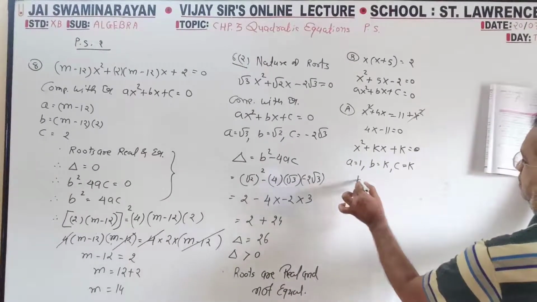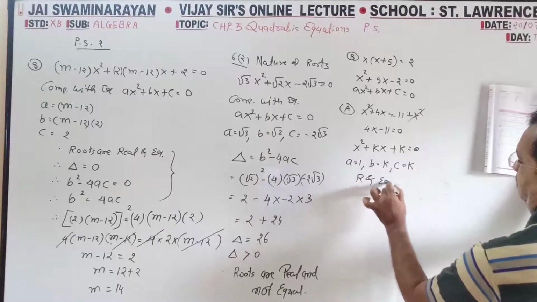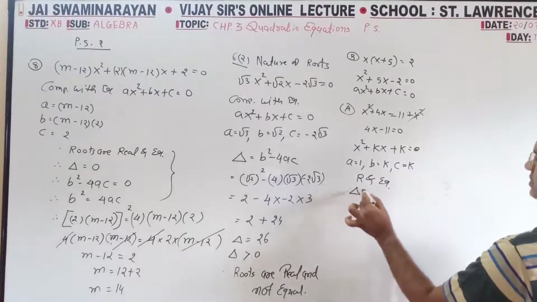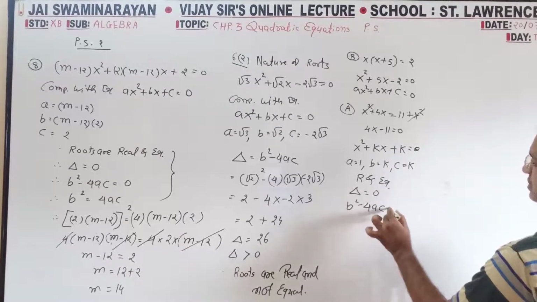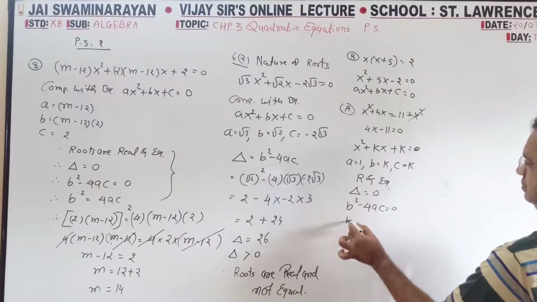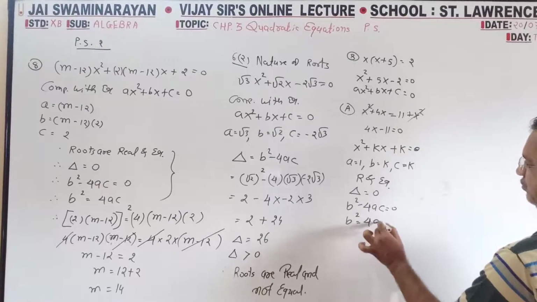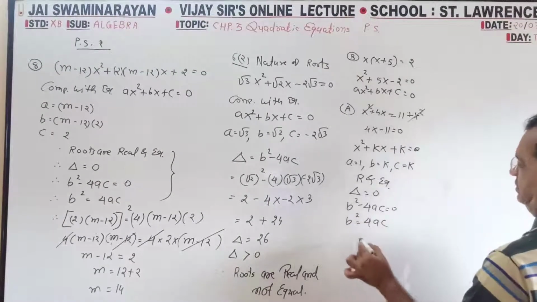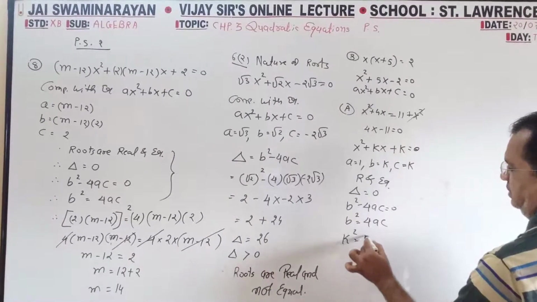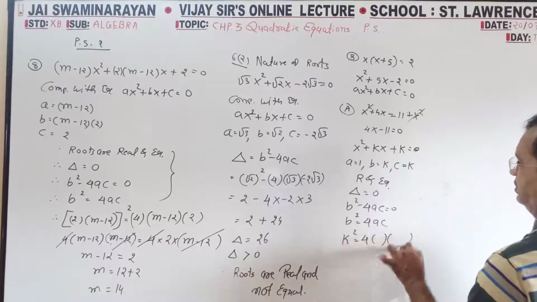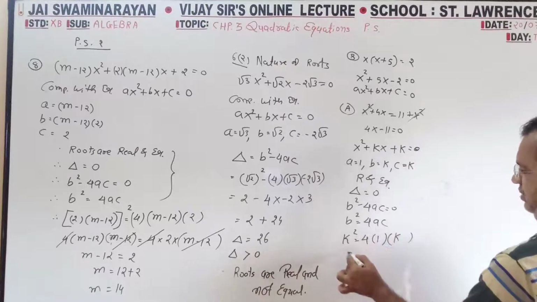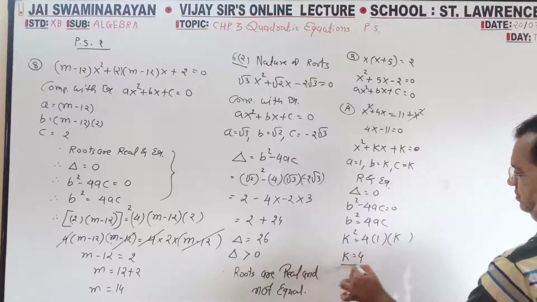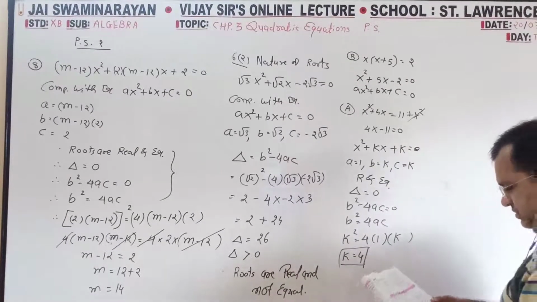Okay, real and equal, discriminant 0, b square minus 4ac equal to 0. b square is equal to 4ac, k square is 4ac, a is 1, c is k, so k reduces, k is equal to 4. That is the answer in C.